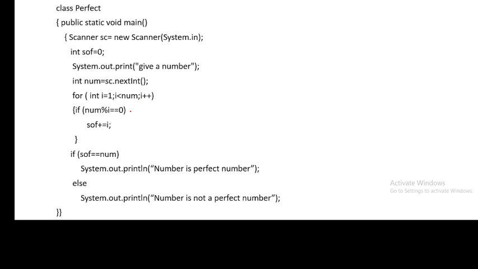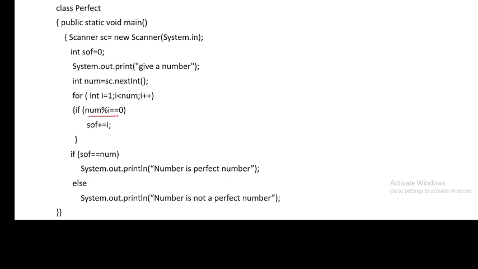Next is perfect number. What are perfect numbers? Those numbers whose sum of the factors is equal to the number itself. To check for a perfect number, we have to calculate the sum of the factors, like in our previous example. So initially I have taken SOF equal to 0, meaning sum of factors.